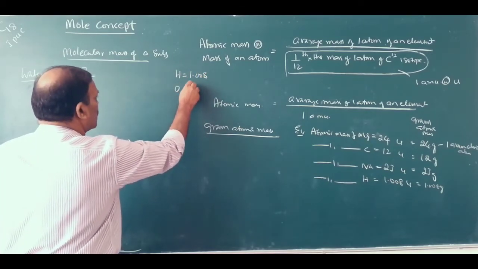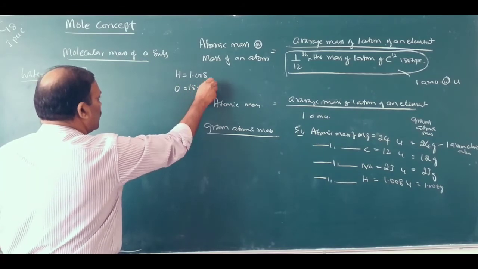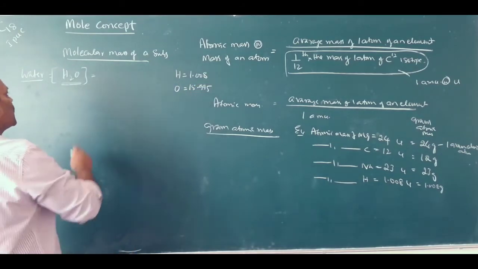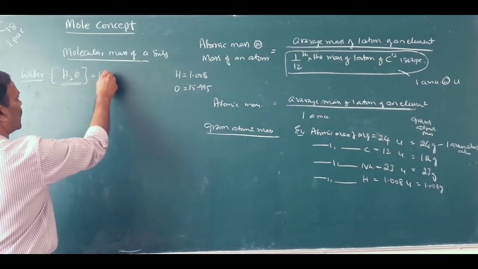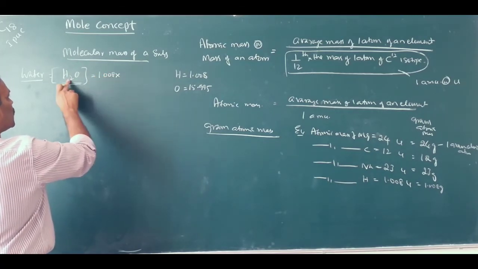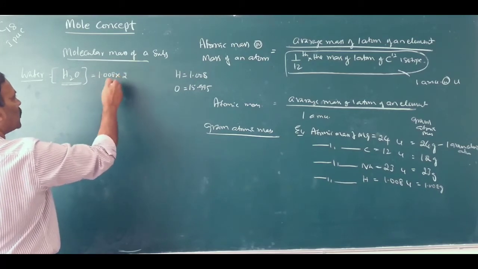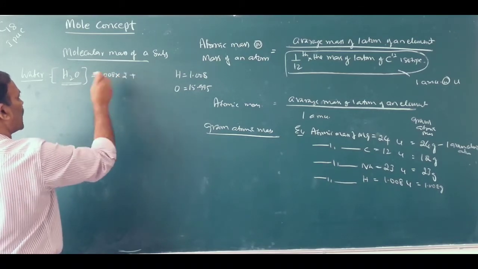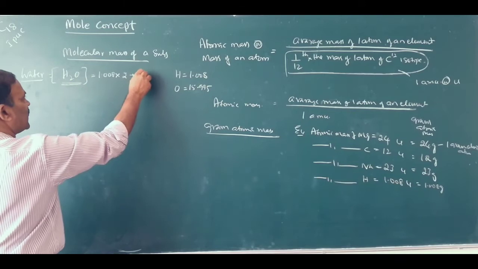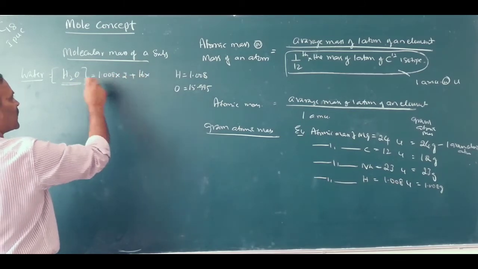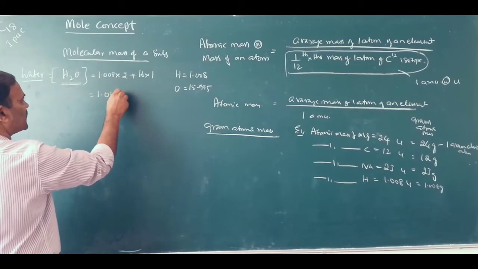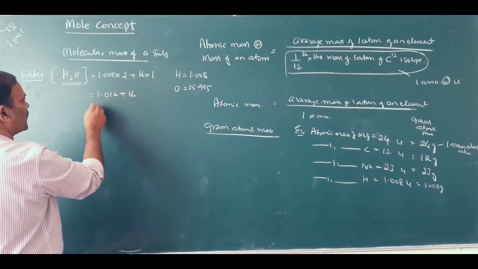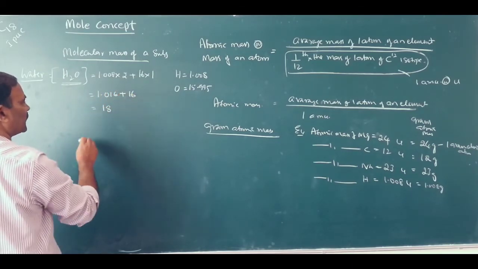Oxygen is 15.995, around 16. So, hydrogen atomic mass 1.008 into number of atoms 2, plus atomic mass of oxygen 16 into number of atoms of oxygen 1.